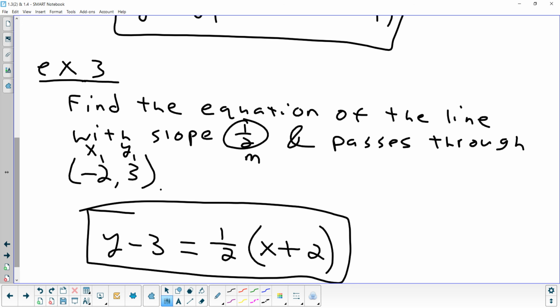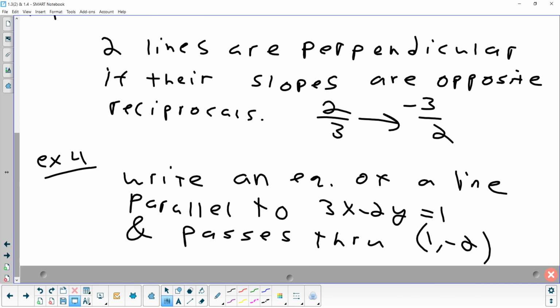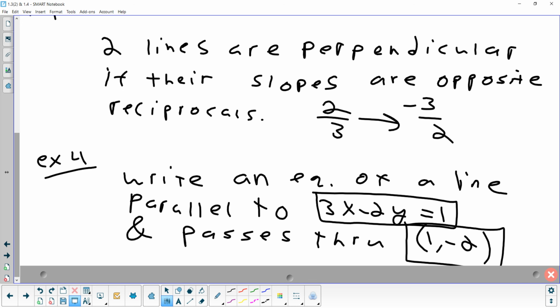You have to find that. But they will tell you a point. So it says write an equation that is parallel to this. So we want to be parallel to that, and we want to go through that. So we've got the point. That's like the x1, y1.